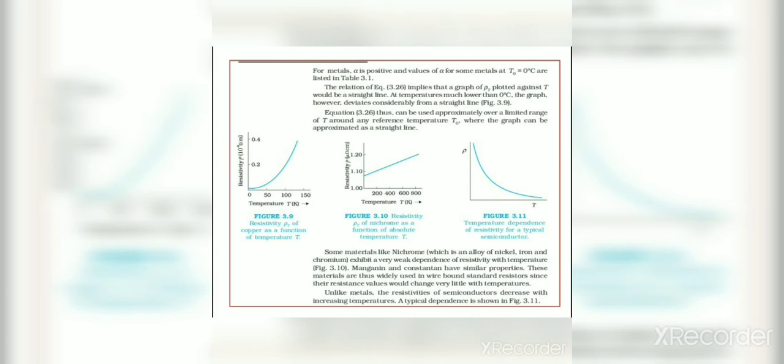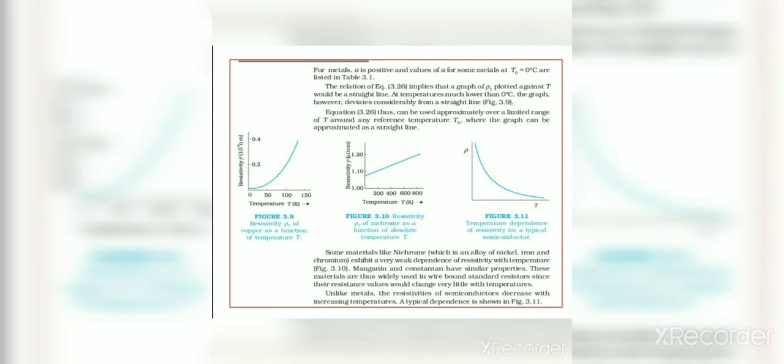Now, let us discuss the relationship between resistivity and temperature for metals, alloys, and semiconductors. Coming to the first graph, figure 3.9, we can see that as the temperature increases, resistivity sharply increases for copper, which is a metal.